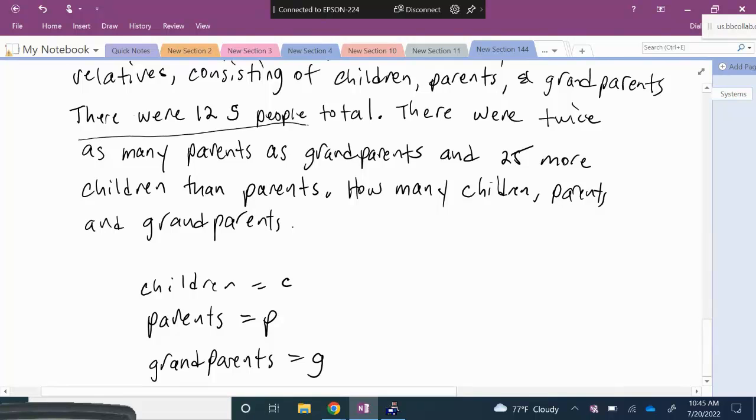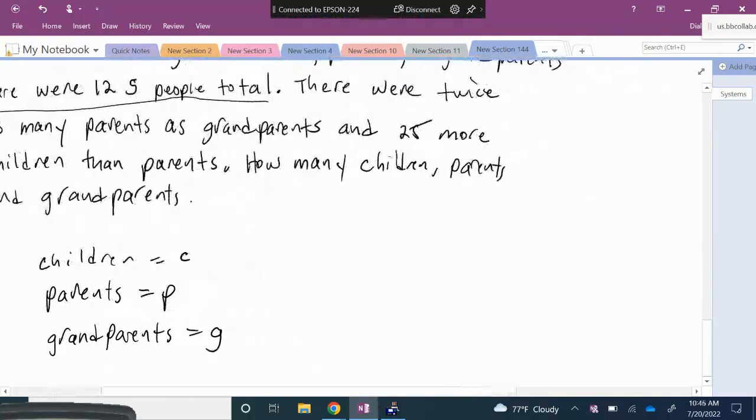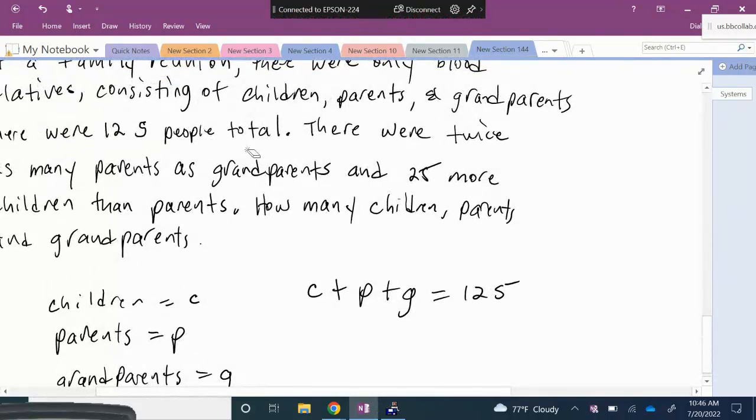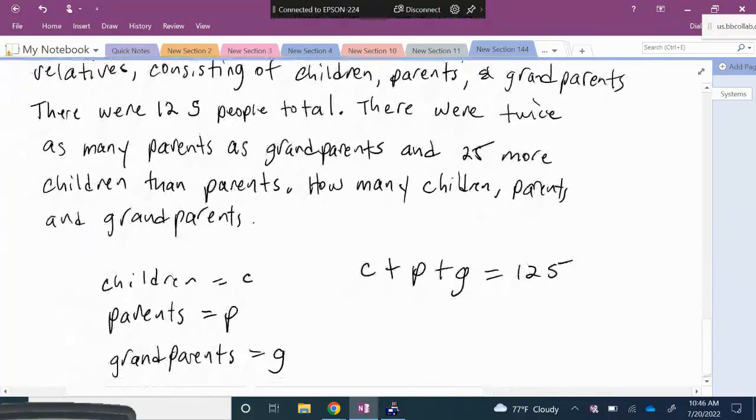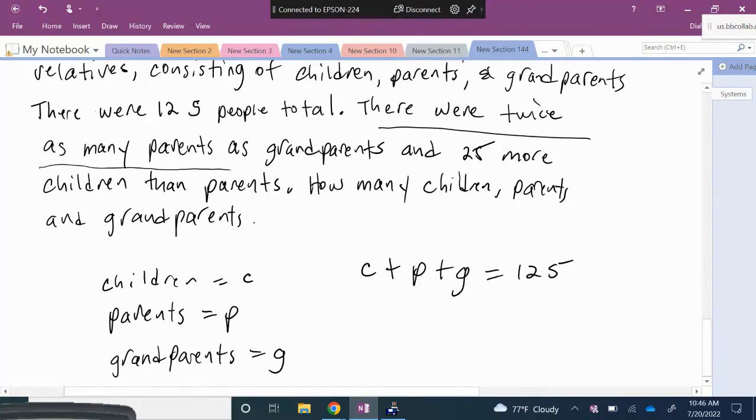It says there were 125 people in total. So the number of children plus the number of parents plus the number of grandparents was 125. That's our first equation. The second equation says there were twice as many parents as grandparents.